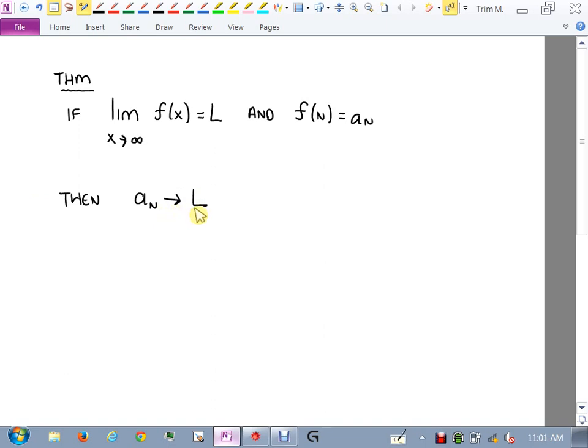Approaches or converges to L, right? This notation is the same as saying limit n goes to infinity of a sub n equals L. So anytime we use that little arrow, that's what this means.